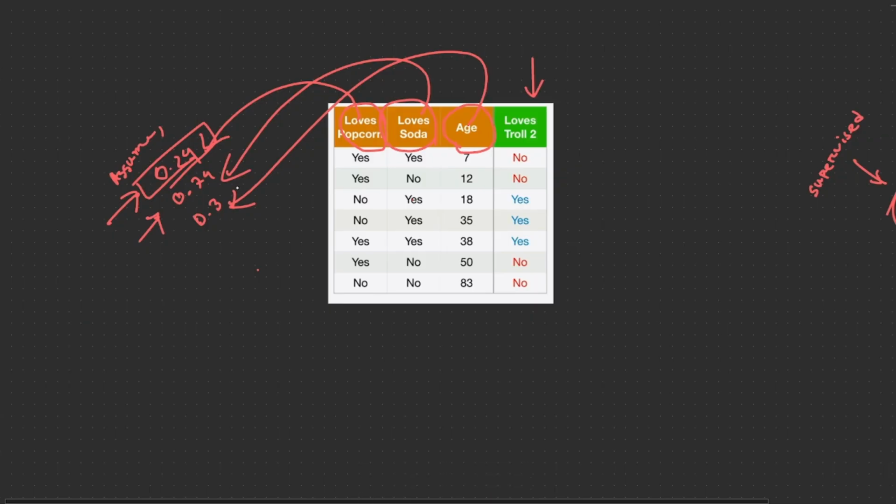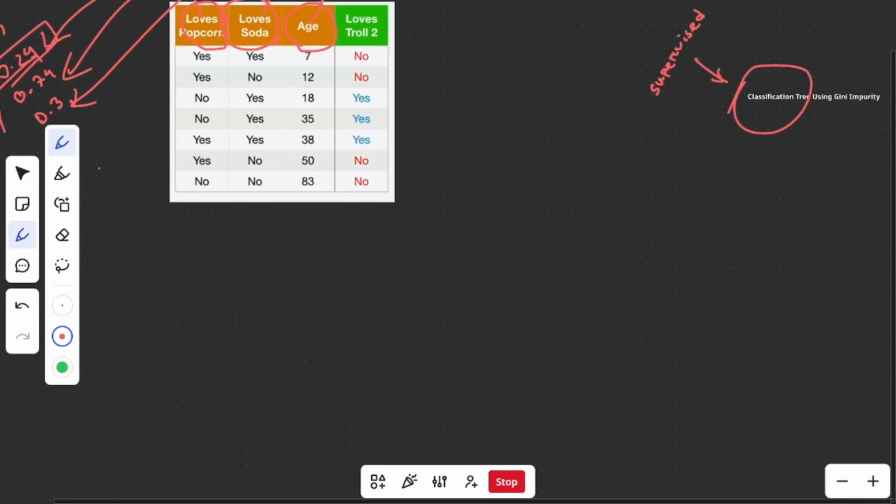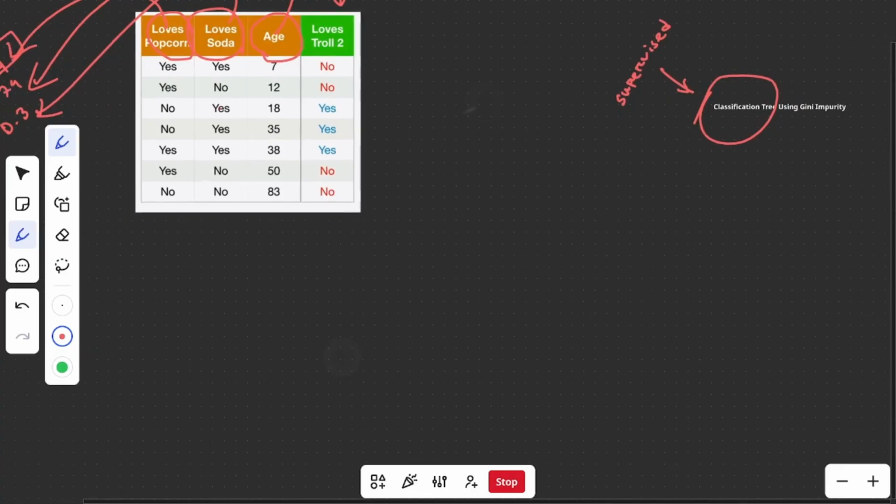So you can see that when the data is less polluted or mixed, then this answer will affect most. So let's dive into the math for better understanding.